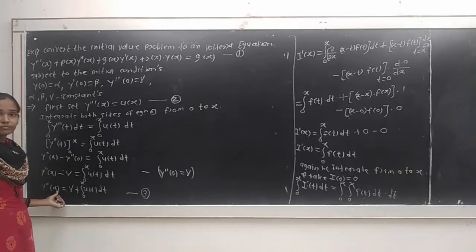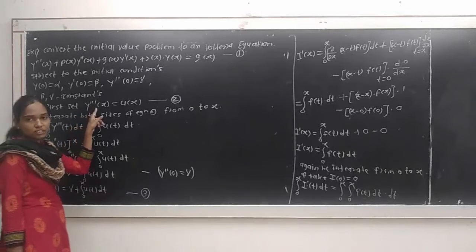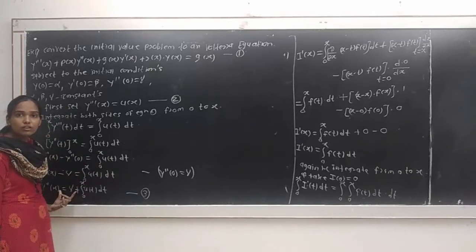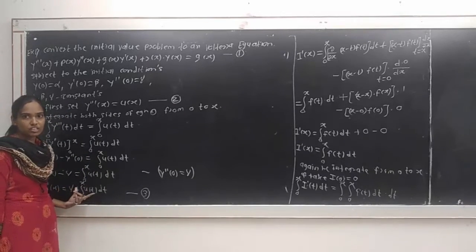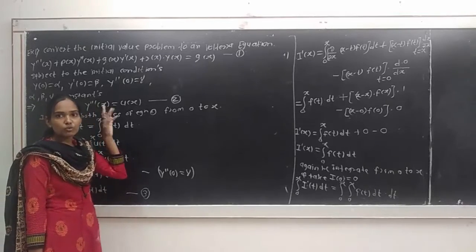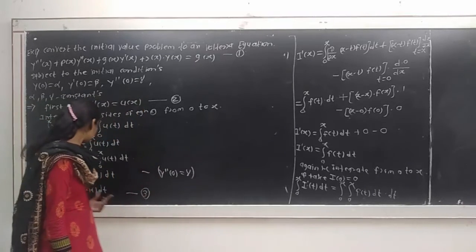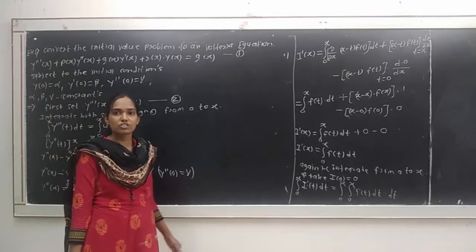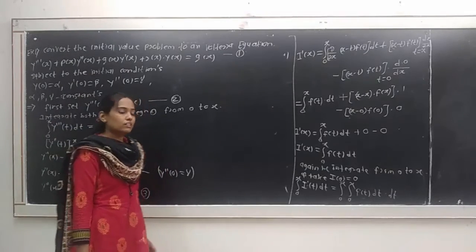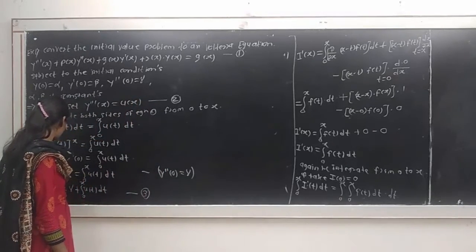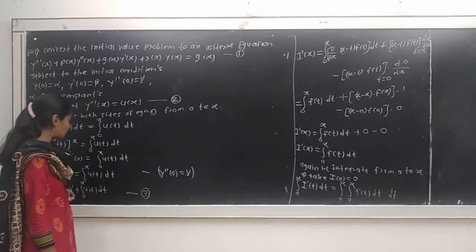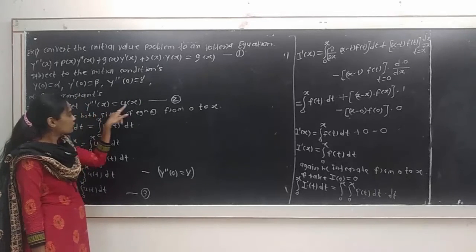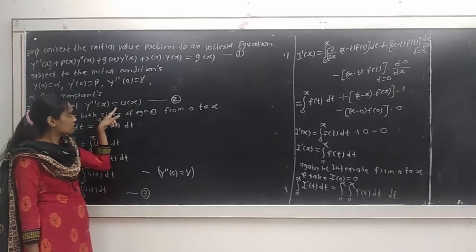If we integrate once, we get this equation, which is the Volterra integro-differential equation. We have to convert the given equation into the Volterra equation. Therefore, we again integrate from 0 to x. We have to integrate until the derivative is removed from the given equation. That is, first we set the highest order derivative equal to some function, that is y triple dash of x is equal to u of x.